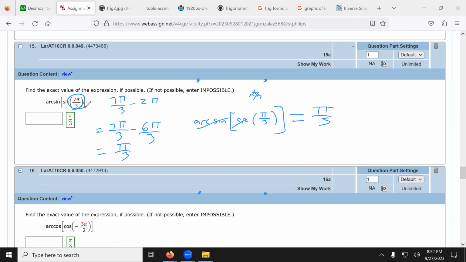Okay. Does that make sense? You have to use the one less than 2 pi.